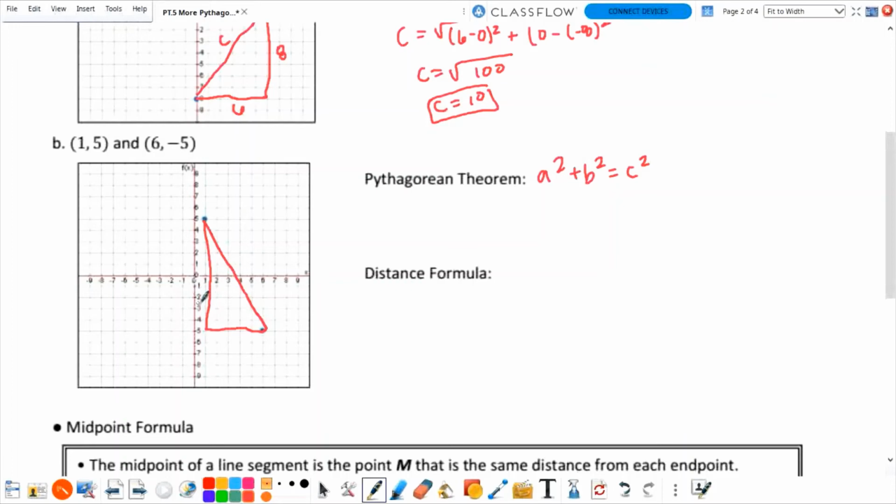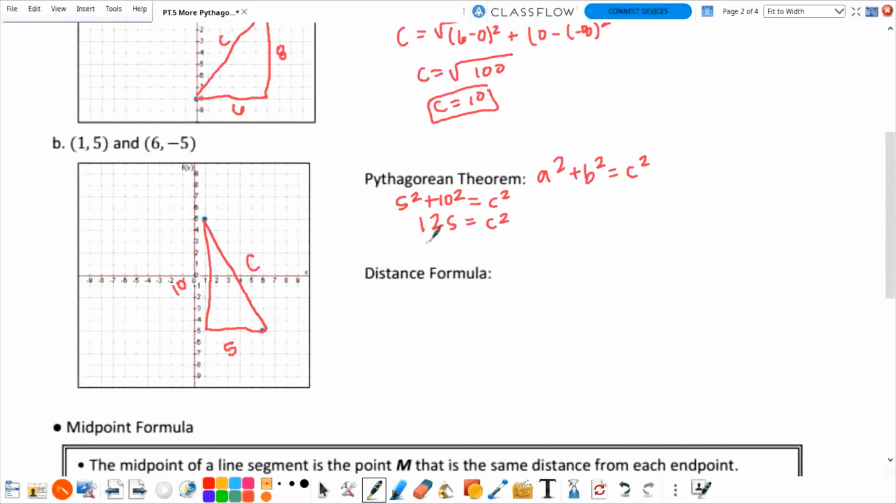All right, so we know that our height, so we've got 1, 2, 3, 4, 5, 1, 2, 3, 4, 5, 6, 7, 8, 9, 10. And then our value for A, 1, 2, 3, 4, 5. So we're trying to figure out C. So we've got 5 squared plus 10 squared equals C squared. So 5 squared plus 10 squared gives us 125.